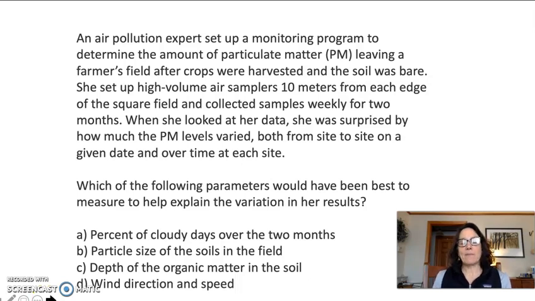Which of the following parameters would have been best to measure to help her explain the variation in her data? This is kind of an experimental design question. And the answer is wind speed and wind direction, because remember those particulates are going to be carried quite a great distance from the area where they were generated.